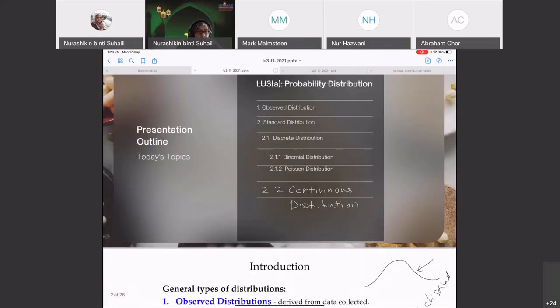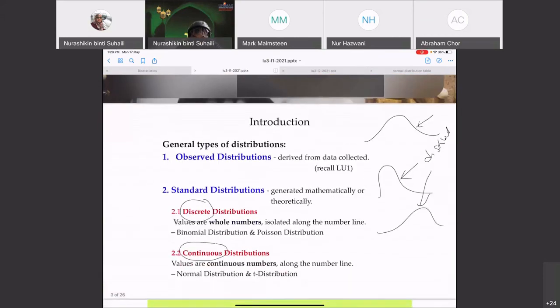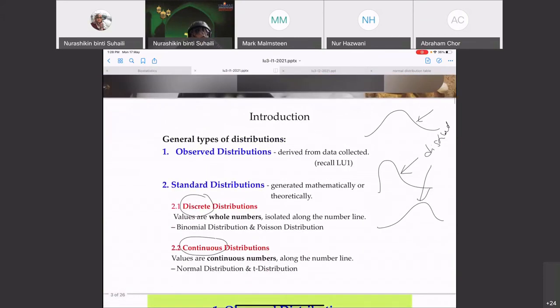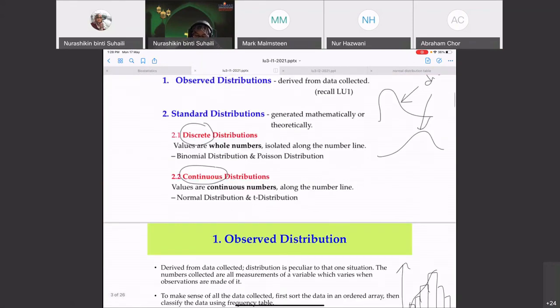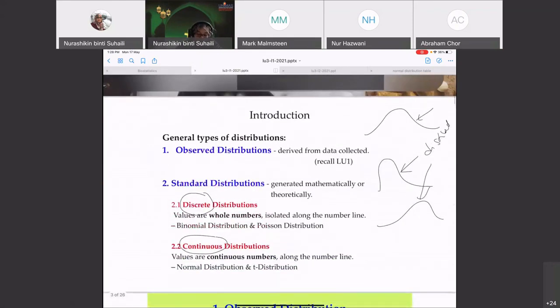Binomial and Poisson are discrete distributions, while normal distribution is under continuous distribution. Before that, we also have observed distribution, which is calculated directly from the data, like probability, and we don't refer to the table. For standard distribution, we refer to the table in order to get the values and to find the area. The area is actually the probability.